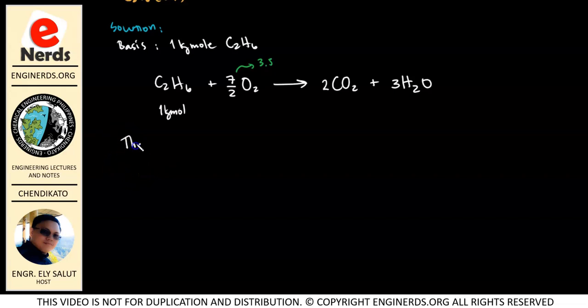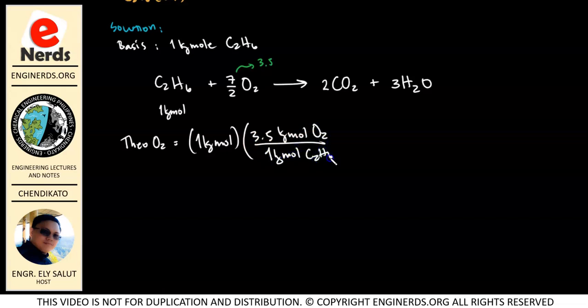So our theoretical O2 is equal to 1 kilogram mole of C2H6 times 7 over 2 of O2, which is 3.5 kilogram mole of O2 for every 1 kilogram mole of C2H6.